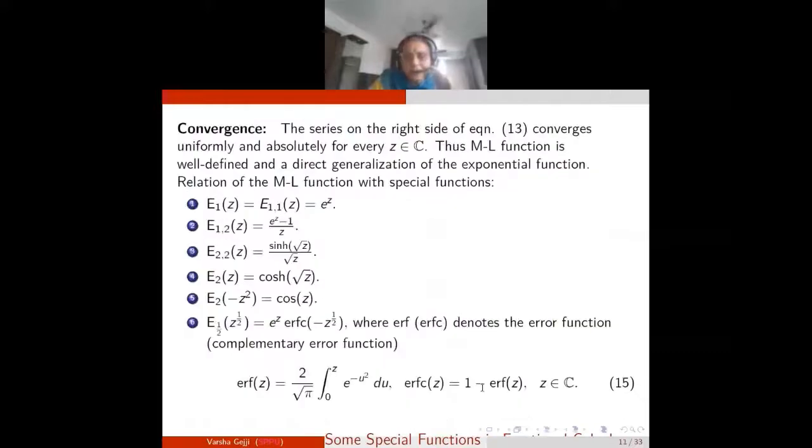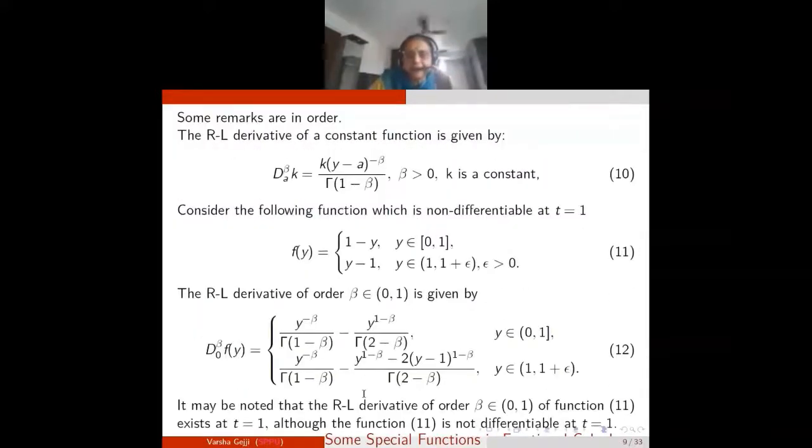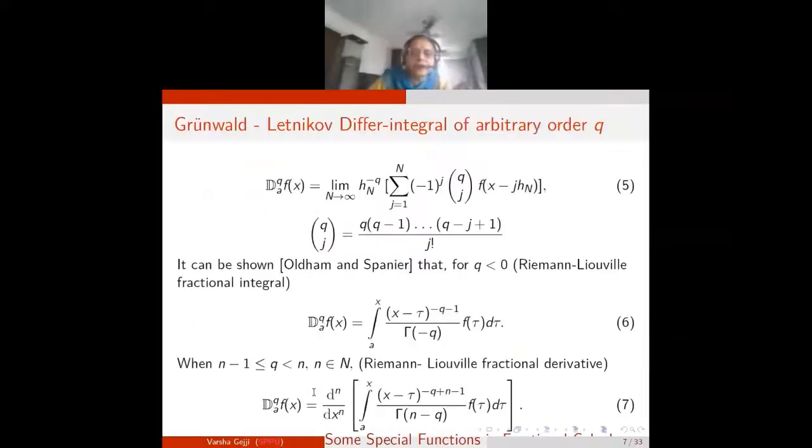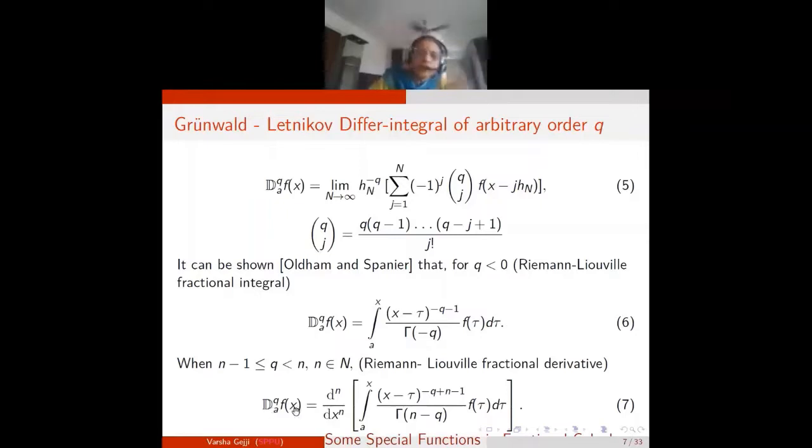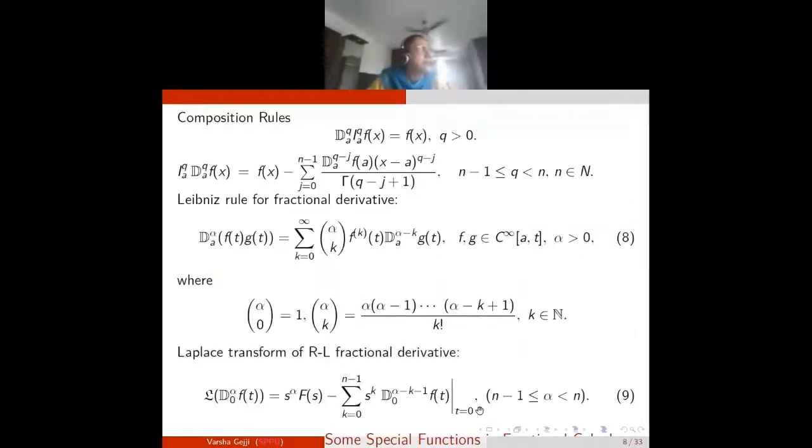The Riemann-Liouville definition first takes the fractional integral, followed by the nth order derivative. In Caputo's definition, this is interchanged: you first take the nth order derivative, followed by the fractional integral.